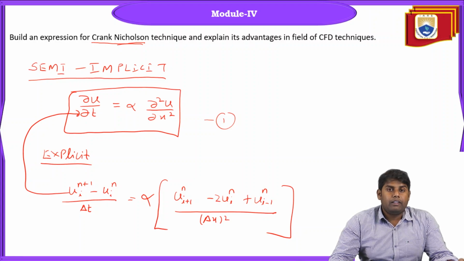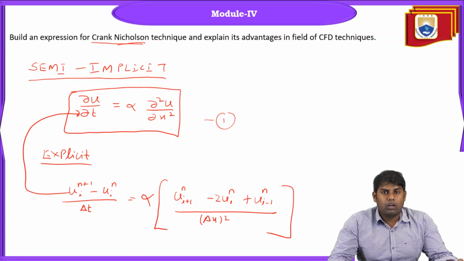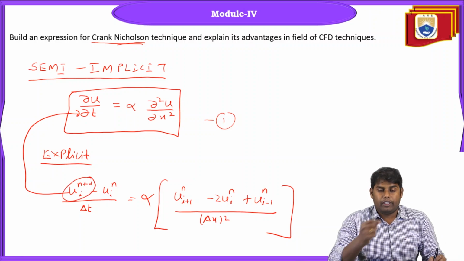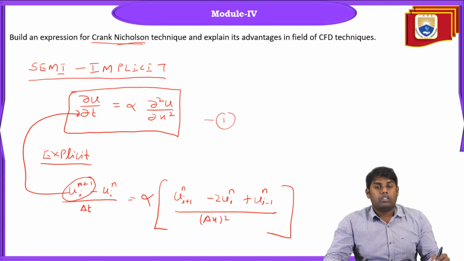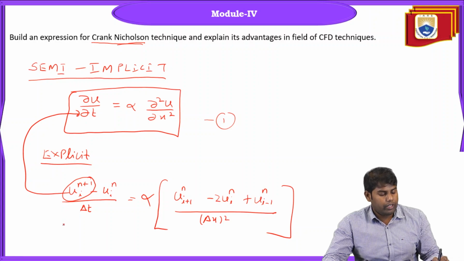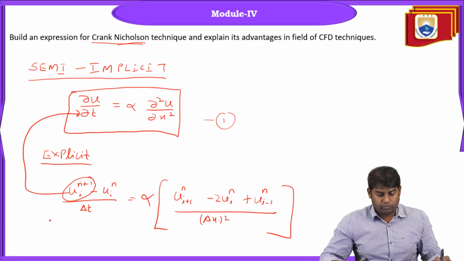So in explicit, we have only one unknown term, which is u of i to the power of n plus 1. The remaining terms, u of i to the power of n, u of i plus 1 to the power of n and u of i minus 1 to the power of n, are the known values. So how many terms do we have?